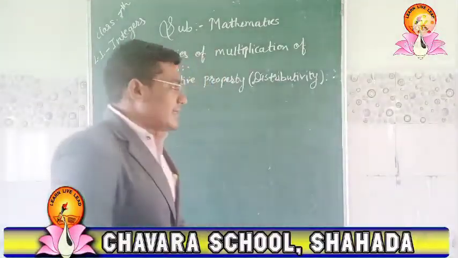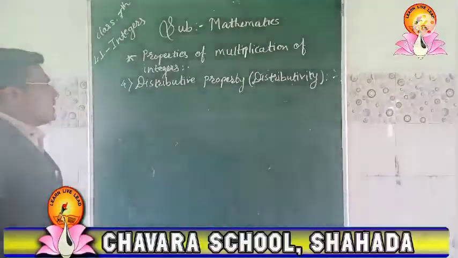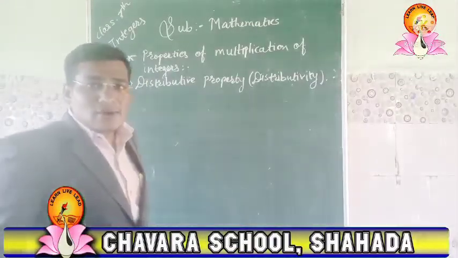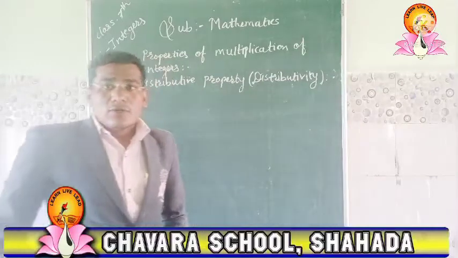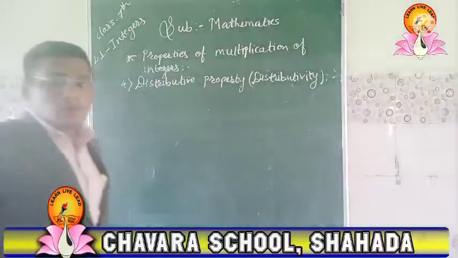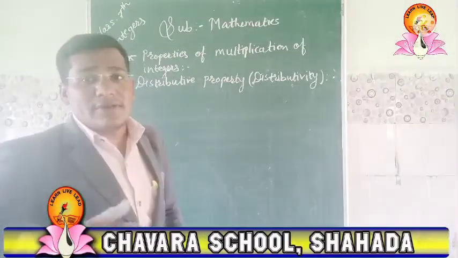Now we will see the next property, that is nothing but the distributive property, also called distributivity. Distributive property means there is a distribution of integers.